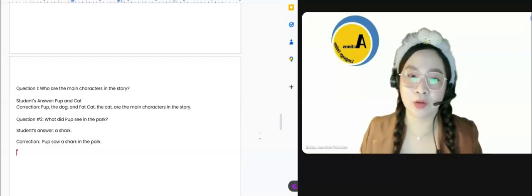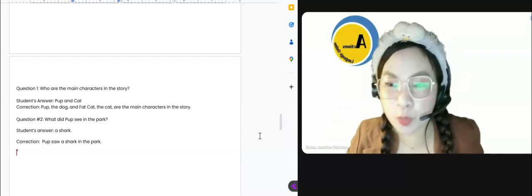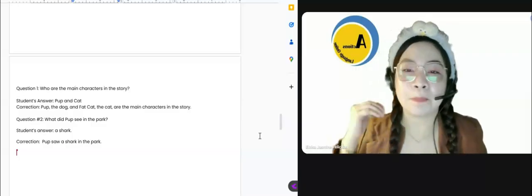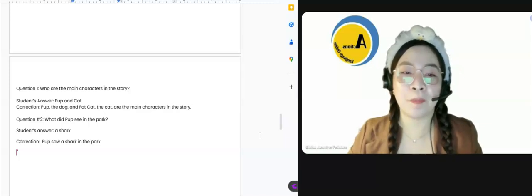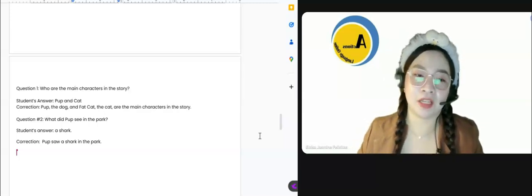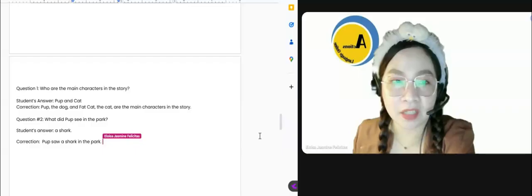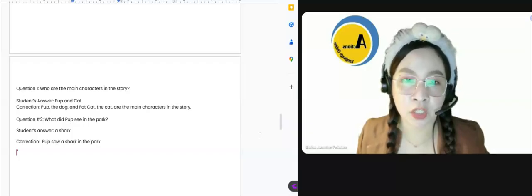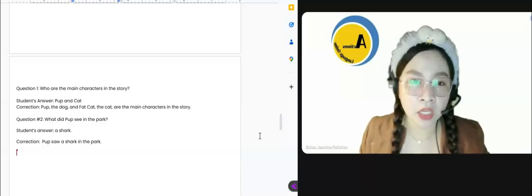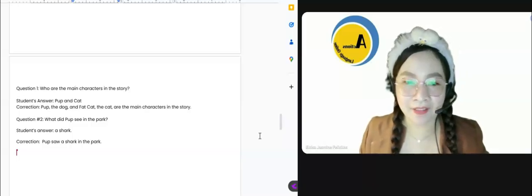Now, I'm going to show you a picture of a shark with a pointy nose, with sharp teeth, and with a sharp fin. So I'm going to show you a picture that Pop was talking about in the story. Okay, let me just grab it here for you. Oh, hold on. So let me just get the picture of a shark that Pop's talking about. All right, there you have it.